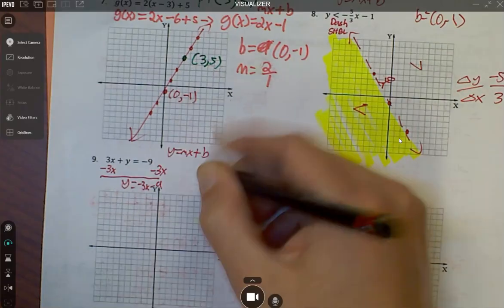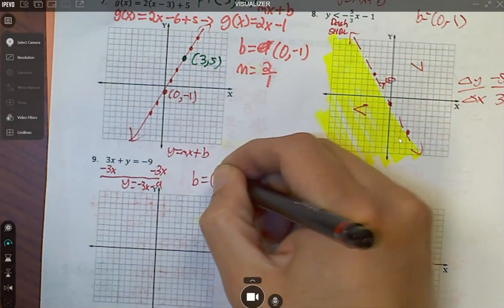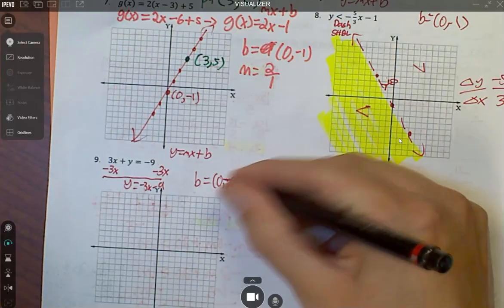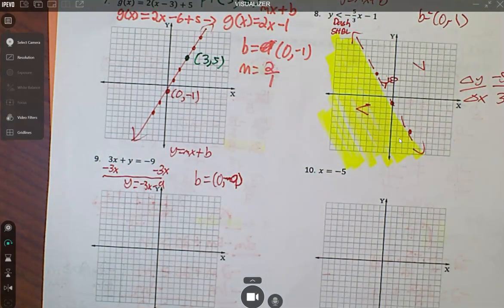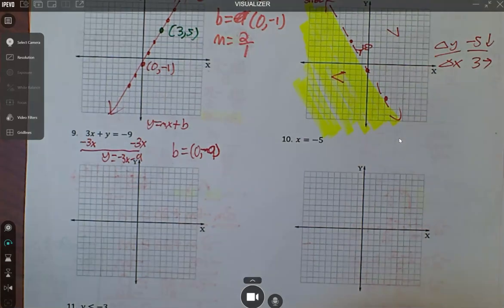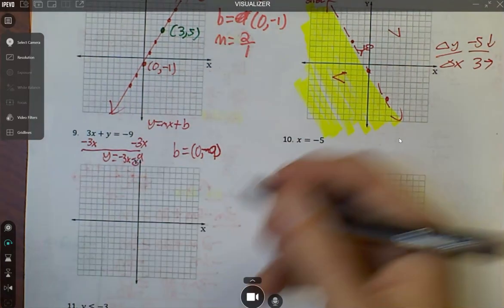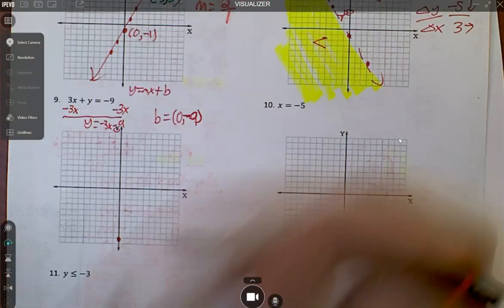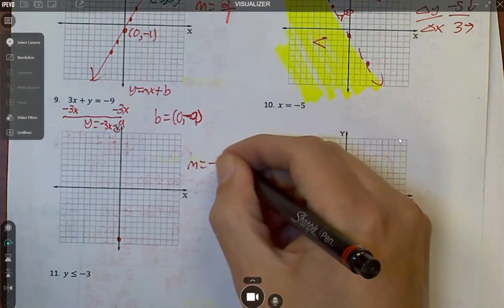Well, there's b. When you plug 0 into the function, the y value is negative 9. So that's why the b works. It's called the y-intercept. Now the slope was negative 3 over 1.